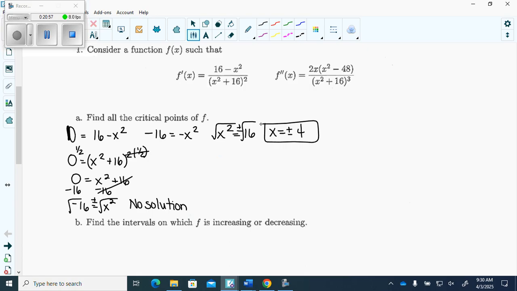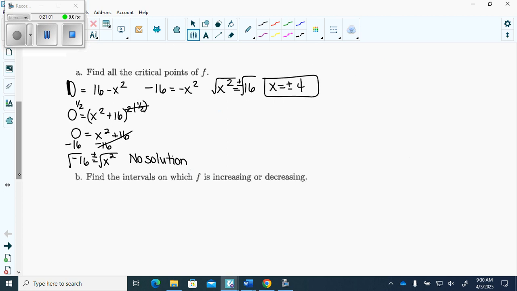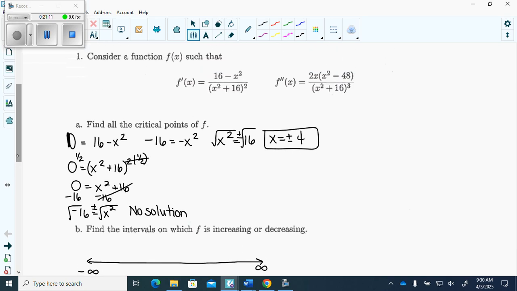So they want to know where it increases and decreases. So we use our critical numbers on the number line. Negative infinity, positive infinity. I know there's x's in the denominator, so people want to say that there's asymptotes, but when you have an addition of squares in your denominator, there's nothing you can do that will create that denominator to be 0, right?